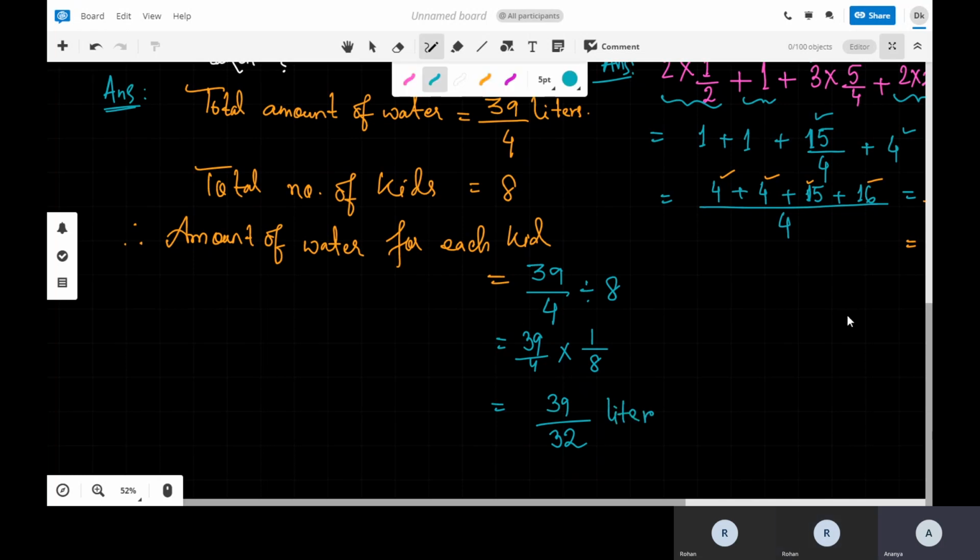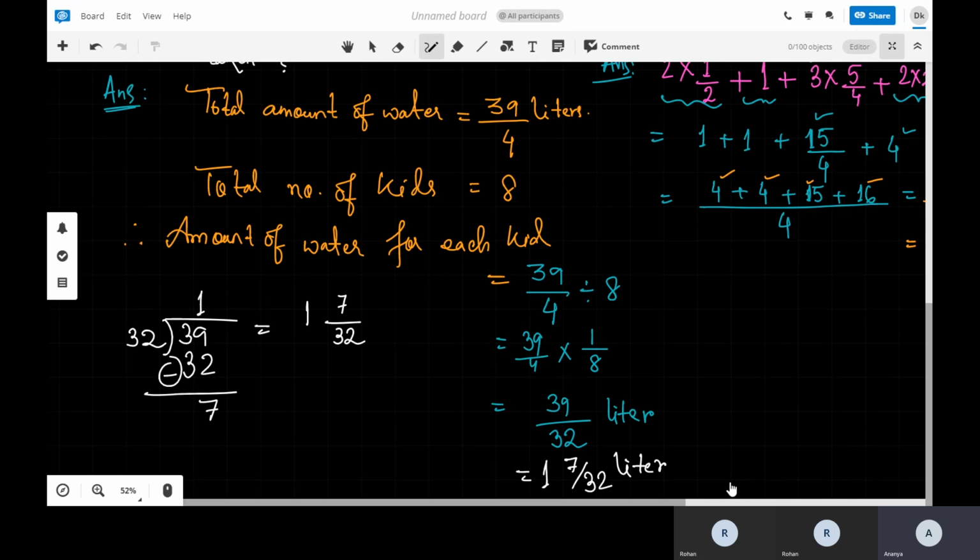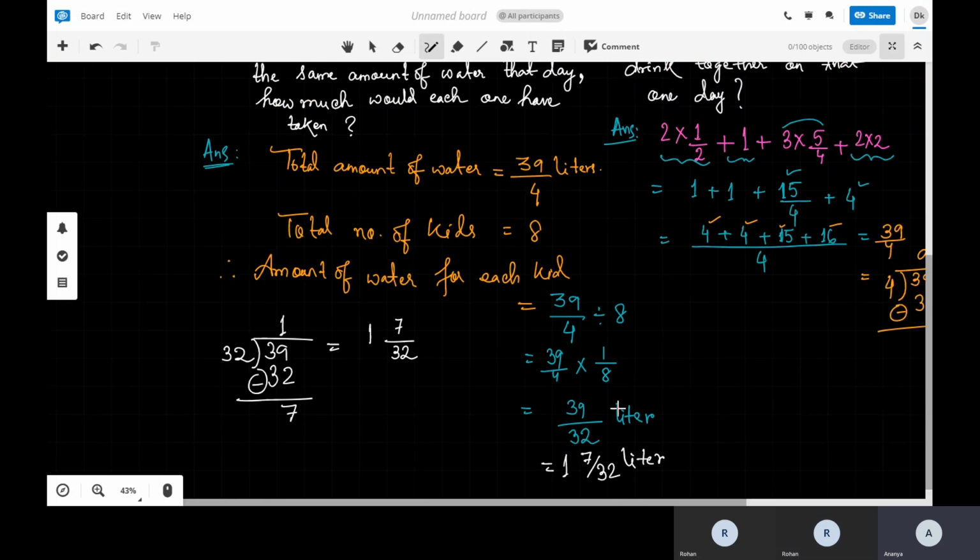If we divide 39 by 32, we would get 1 at the top, and 39 minus 32 would give us 7, right? So we have 1 whole 7 over 32 liters of water that would be taken up by each of the kids, if it is divided equally among all. Got it, Rohan? Is it clear to you?